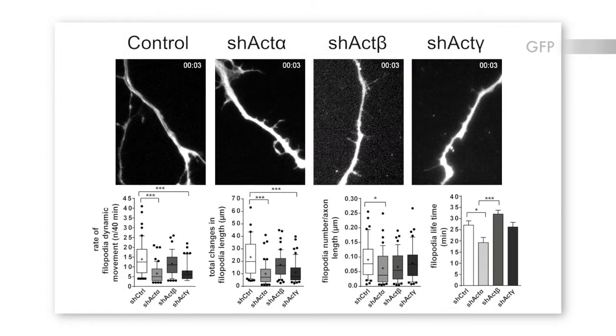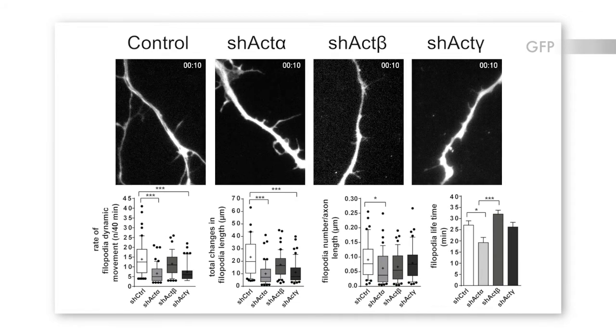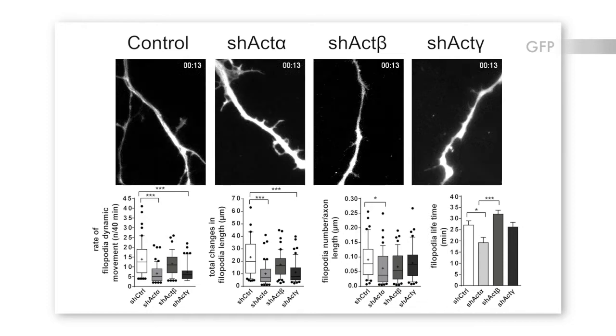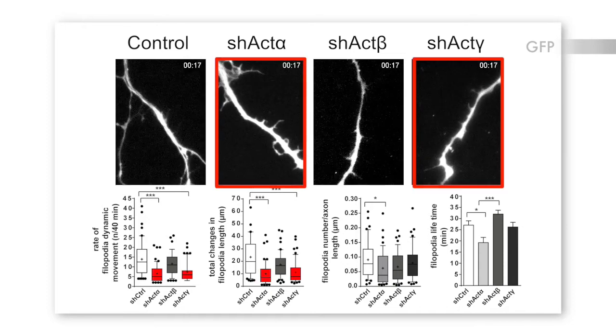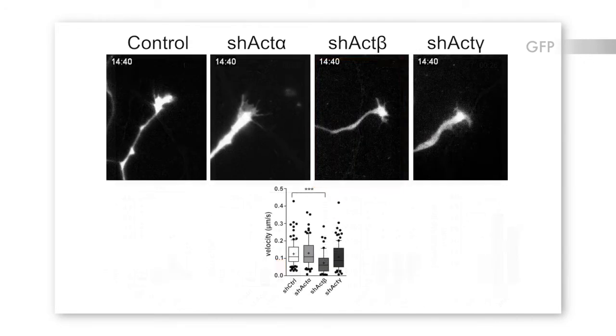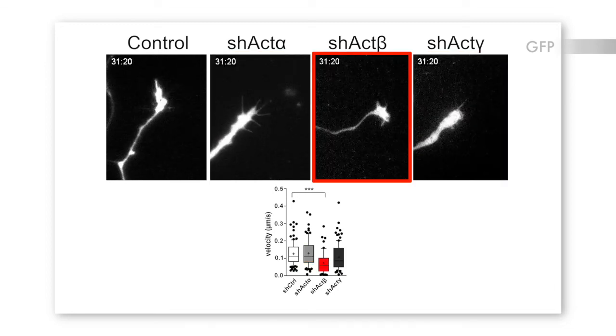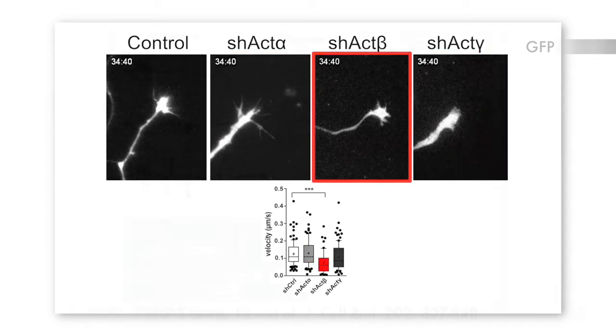Using live cell imaging, Moradi et al. found that the dynamics of axonal filopodia, which can give rise to axonal branches, were reduced in the absence of alpha or gamma-actin, but were unaffected by the depletion of beta-actin. In contrast, growth cone filopodia, which support axonal guidance, were still highly dynamic in the absence of alpha or gamma-actin, but their movements were reduced when beta-actin was depleted.